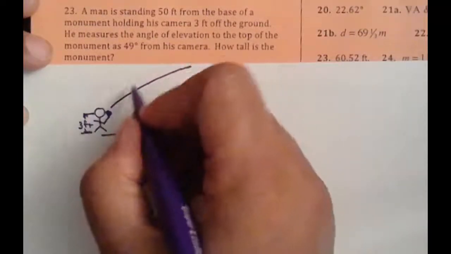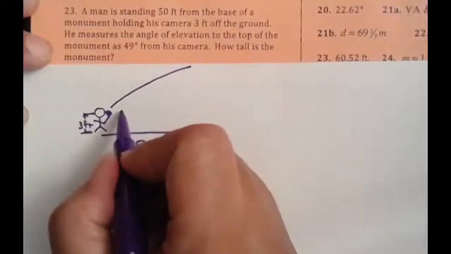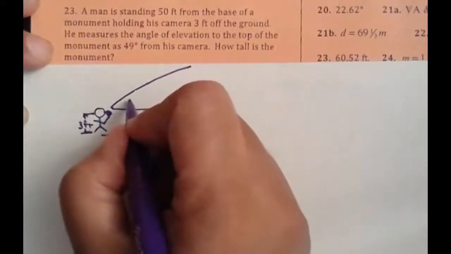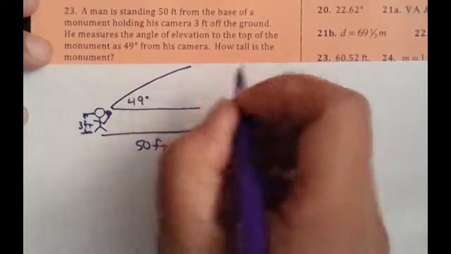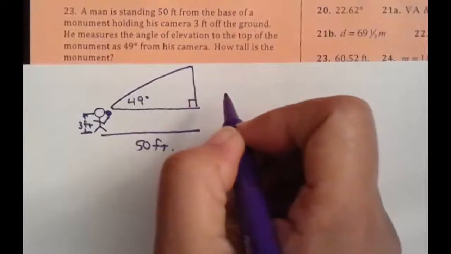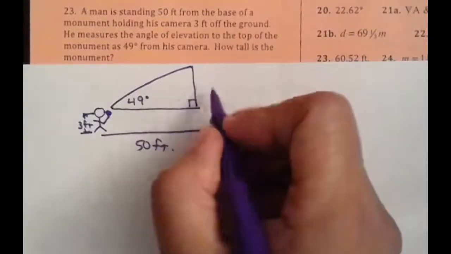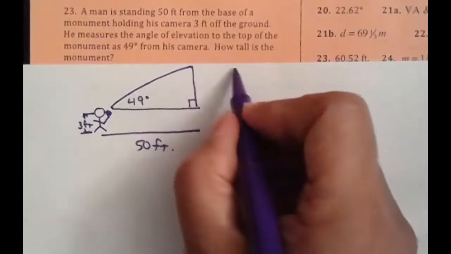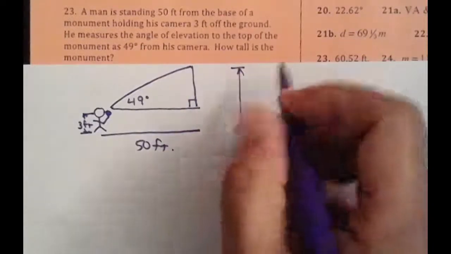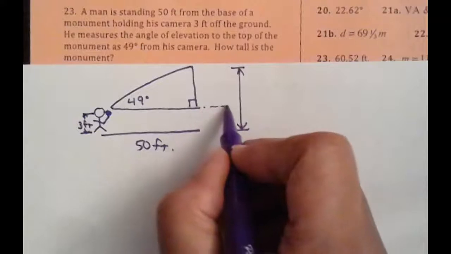So, first of all, the monument will be from the length from the top all the way to this bottom here. So we know that once we solve for this height here, we'll just have to add the 3 feet that's over here on this side, on the end. Kind of think of it like this. So this is going to be the 3 feet. And we'll have to find what this end is.